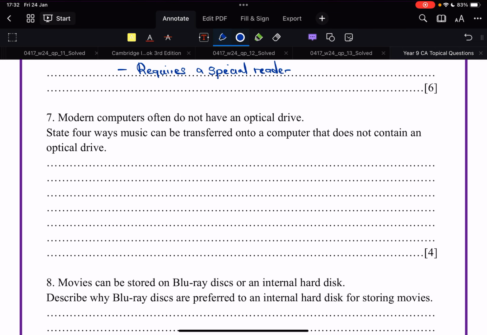Modern computers often do not have an optical drive. When we talk about the future of storage devices, they are ones that don't have optical drives, really.